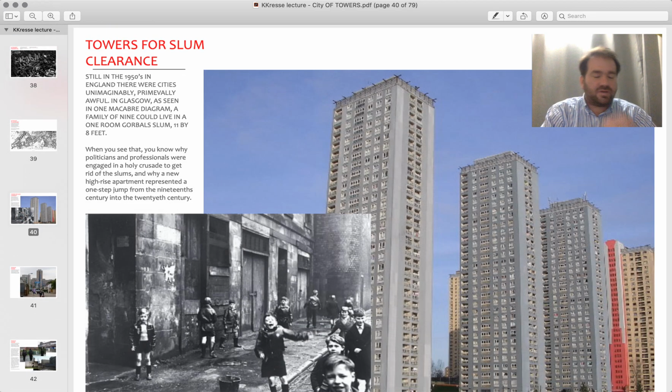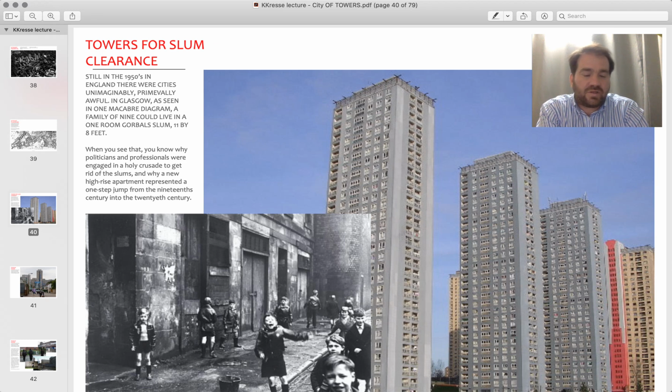To give you a little bit of an idea of the problem, one of them was obviously the sprawl. High-rise dense living was a way to deal with the sprawl, but on the other hand there were still run-down, overcrowded areas in England, still in the 1950s and 1960s.